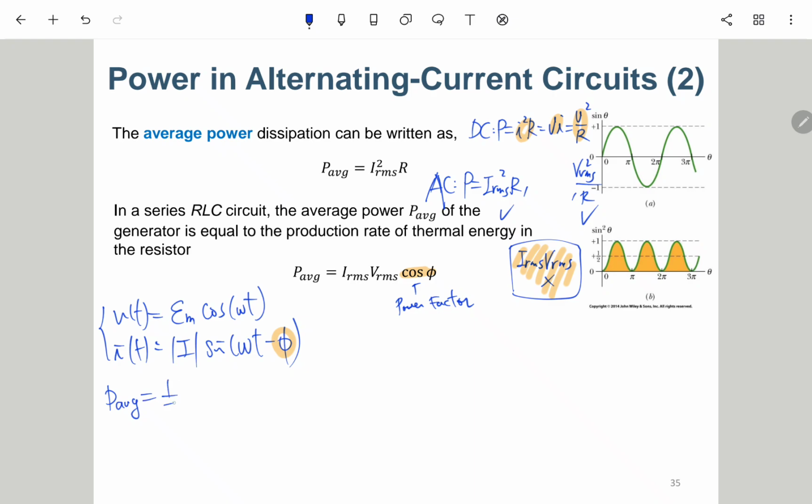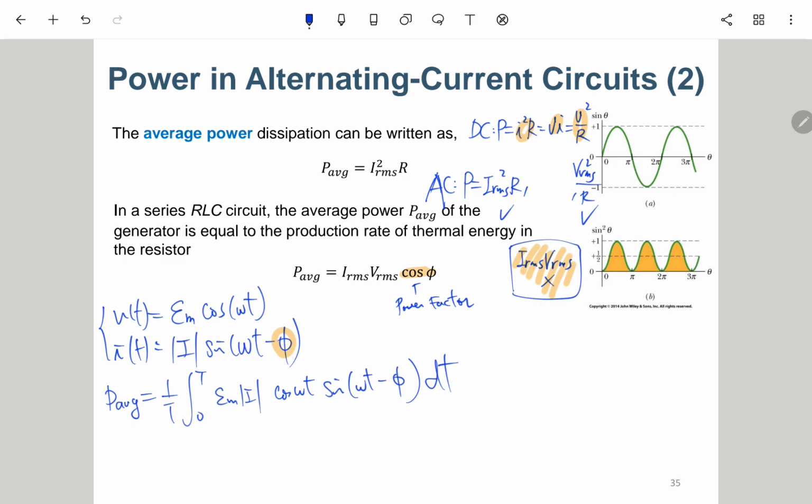So when we try to calculate the P average, it will be 1 over T integration from 0 to T, and then V times I will be E_m times I, and then we have a cosine omega t times sine omega t minus phi, dt.